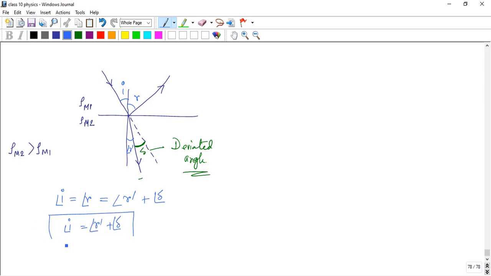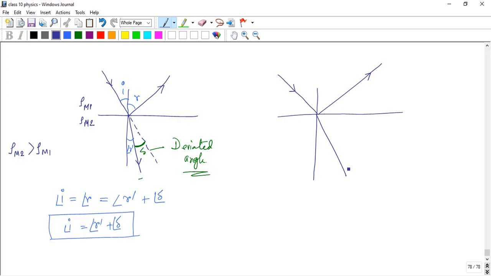Okay. Now another diagram, case 2. That is the incident ray, that is the reflected ray, that is the normal, and that is the actual straight line path if the densities of both mediums are the same. Actually it's not.